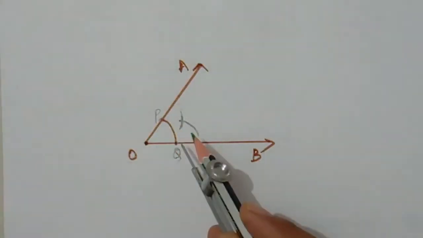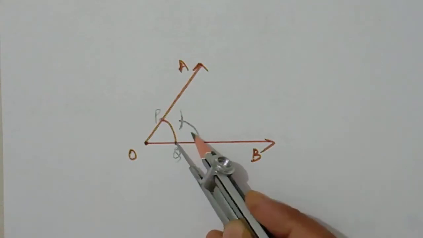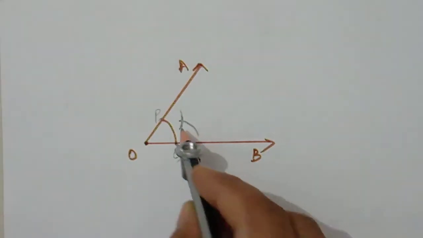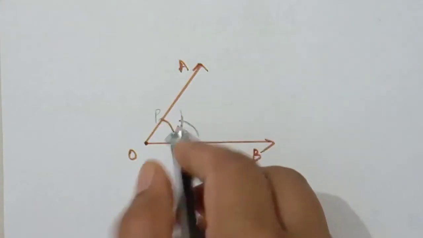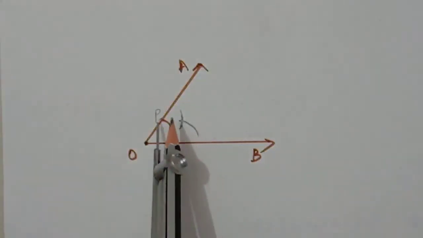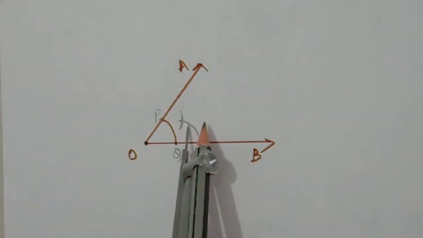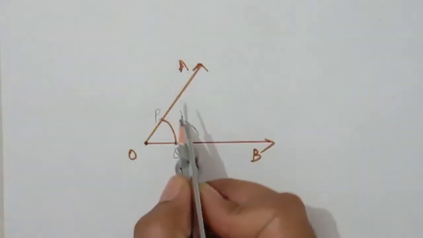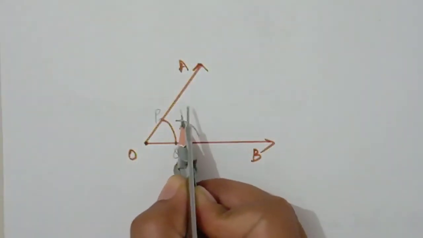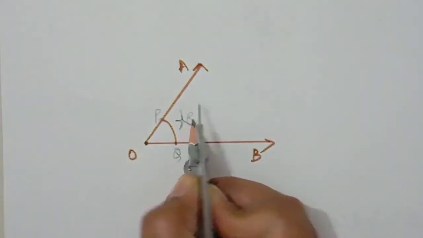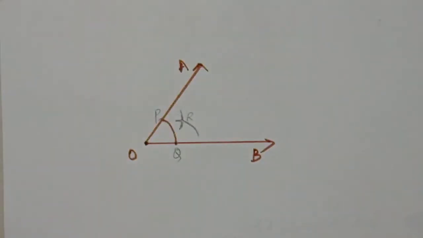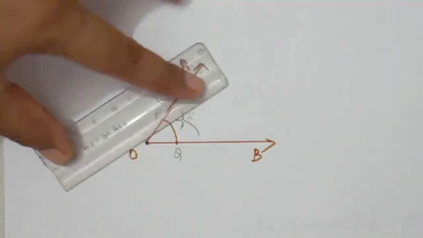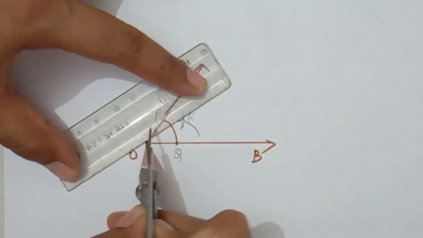But the condition is we should not change the compass. We should open our compass at one point and then take these two points as centers and draw these arcs. These two arcs cut at one point which we mark as R. Now we will join these two points.